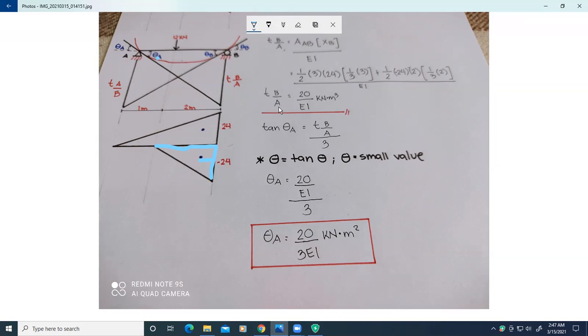The deviation from point A to B will give us 20 over EI kilonewton meter cubed.